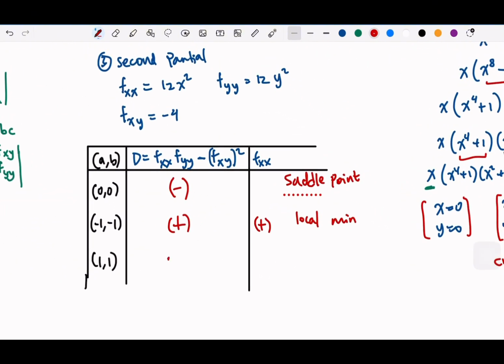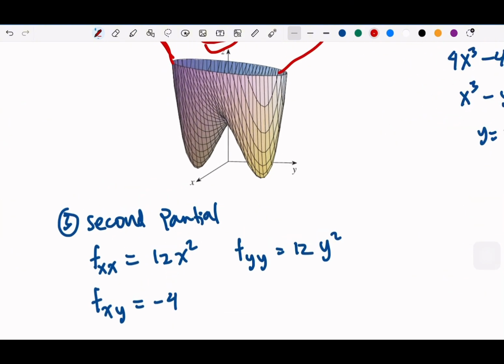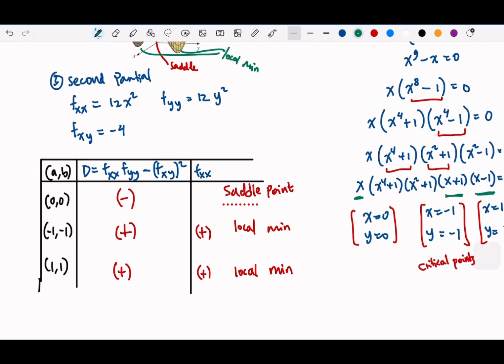This is the same because it has a quadratic, it's a square, so it must be the same with (1, 1) as well. So this is also positive. If you can see the picture here, this will be the saddle. These two must be local minimum.